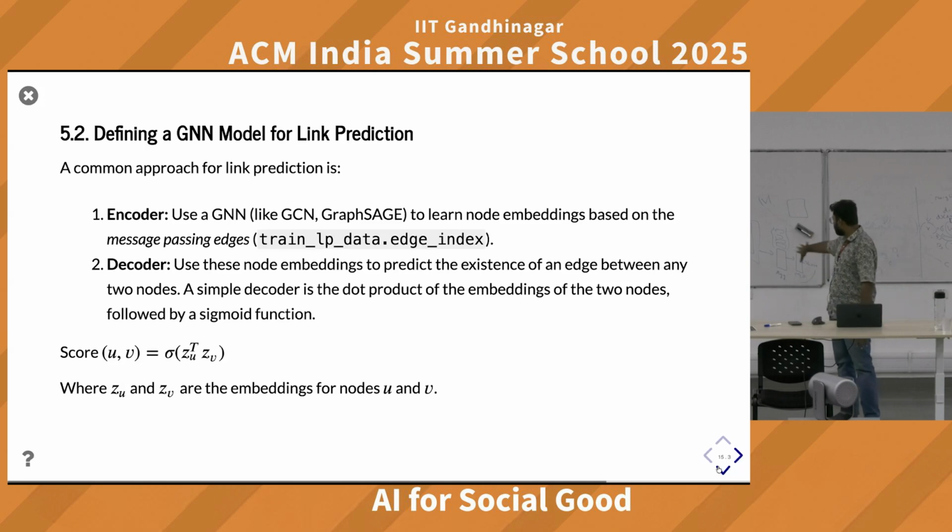The decoder part is the rest, where you compare the features between two nodes and predict whether there is an edge. I have defined the score function to be something like this, that is Z transpose U Z V. You can have your own function, so you can obviously write that.